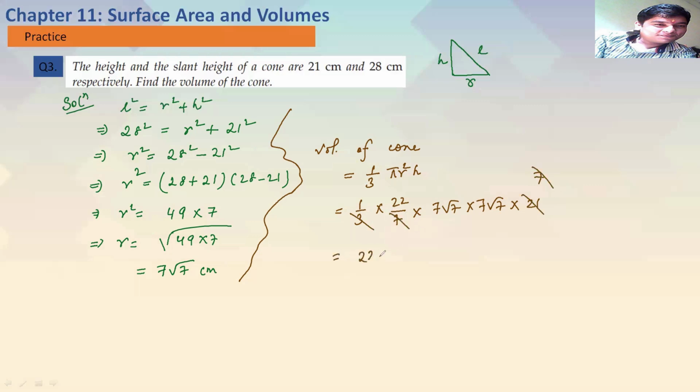So 22 into 49 multiplied by root 7 into 7, that's 22 into 343. Come on, get it done. Find it out.